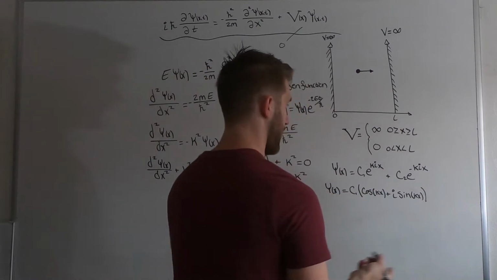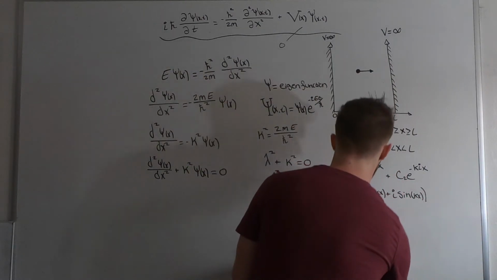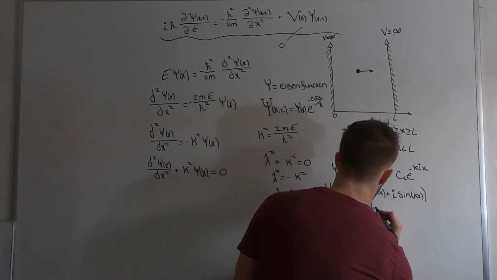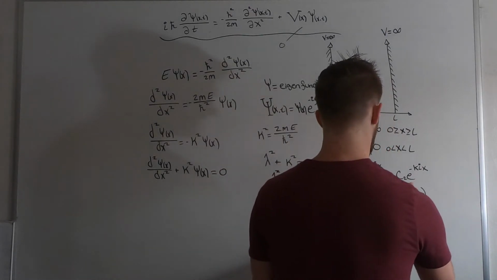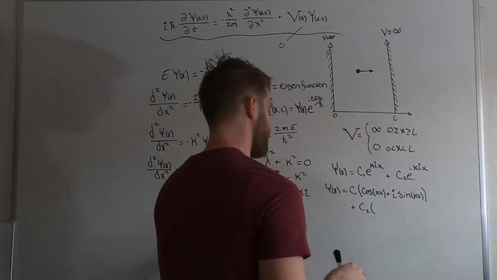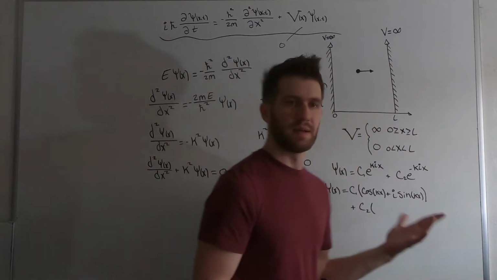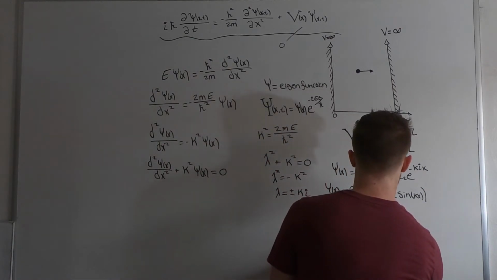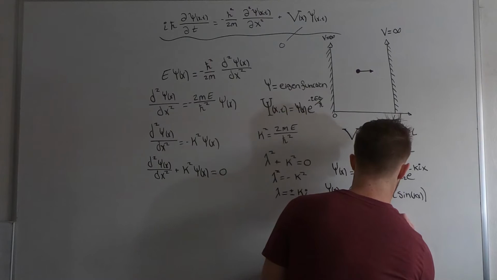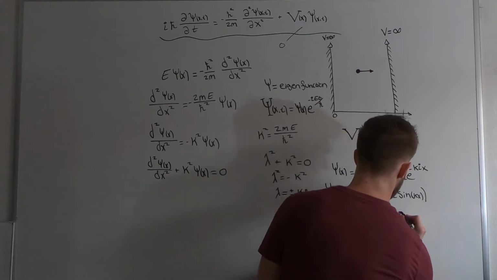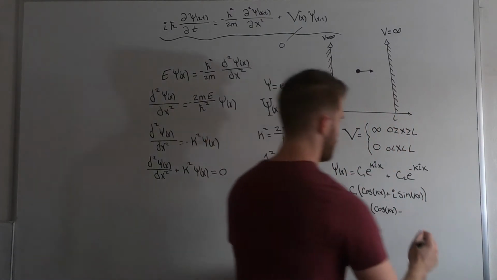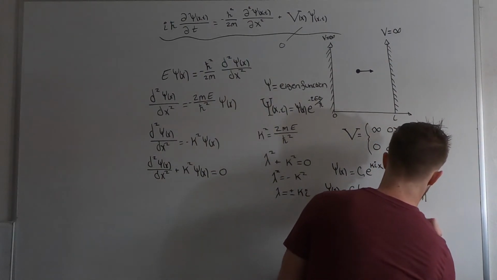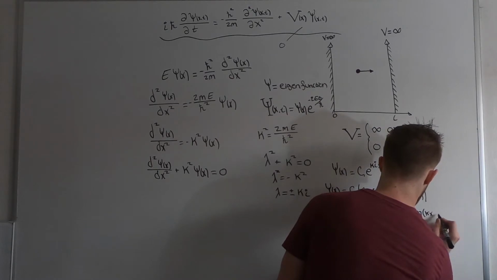Then we do the same thing for the other side, plus C2 times cosine of kx, since cosine just absorbs the negative. But for sine, we can bring that negative out, and we have minus i sine of kx.